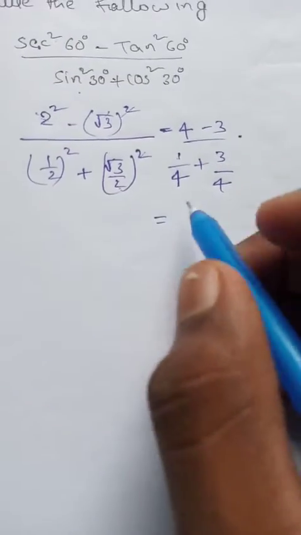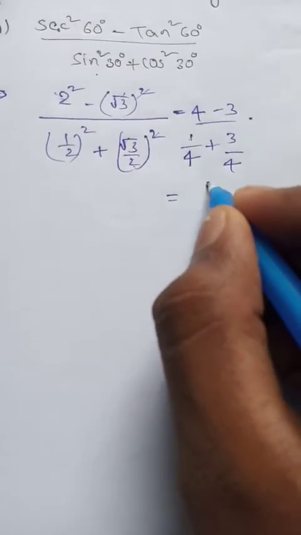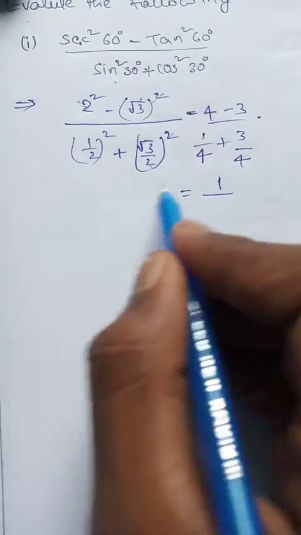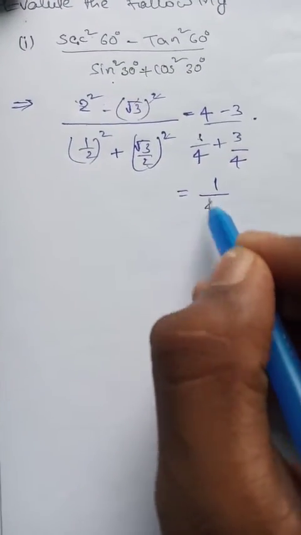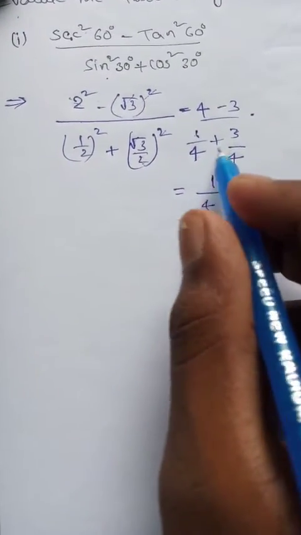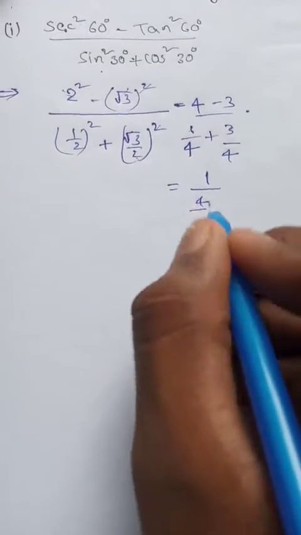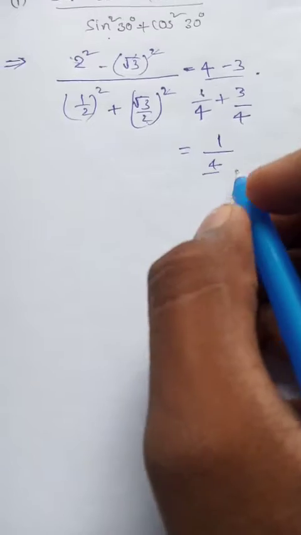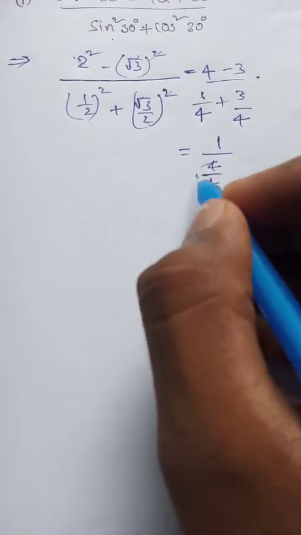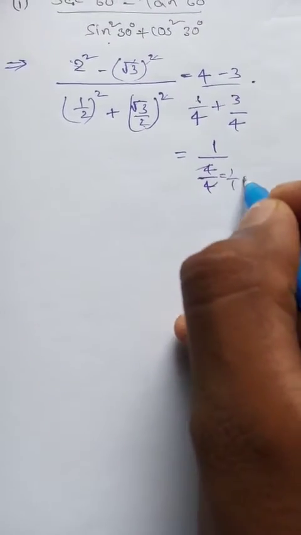After this 4 minus 3 is 1, and here 3 plus 1 is 4, and the denominators are the same, that's why 4 by 4, and 1 by 4 into 4 by 1 equal to 1 by 1 equal to 1.